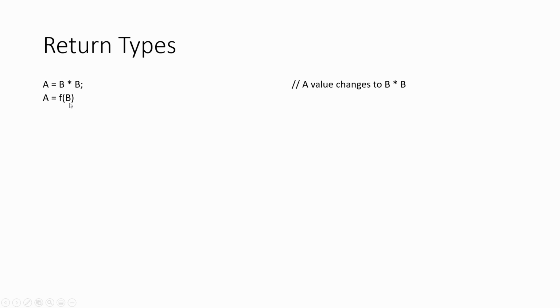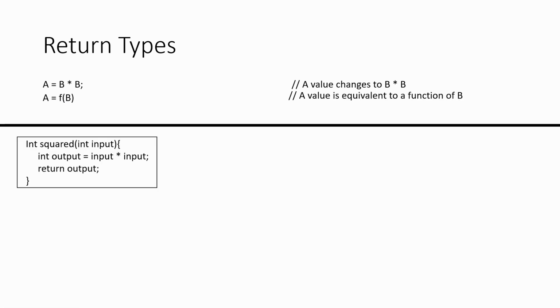Again, thinking back to mathematical terms, the function of B is going to return that value. Exactly what you would imagine a function is in mathematics is exactly what it is in programming. It's something that takes some sort of input, does something with it, and returns that. Now, sometimes it won't be returning anything. That's when we would be using the void data type, which we talked about in our primitive data types video.